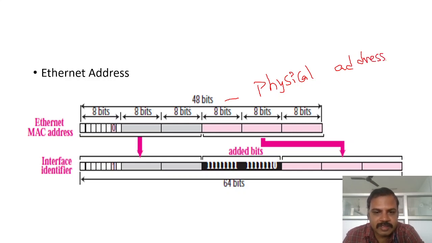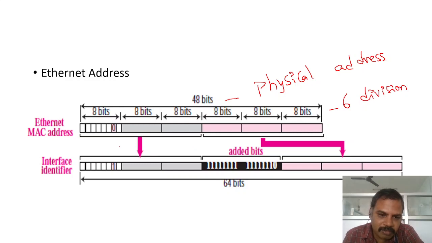This 48-bit we are dividing into 8-bit sections. So totally we have 6 divisions, each of 8-bit length, of the physical address.